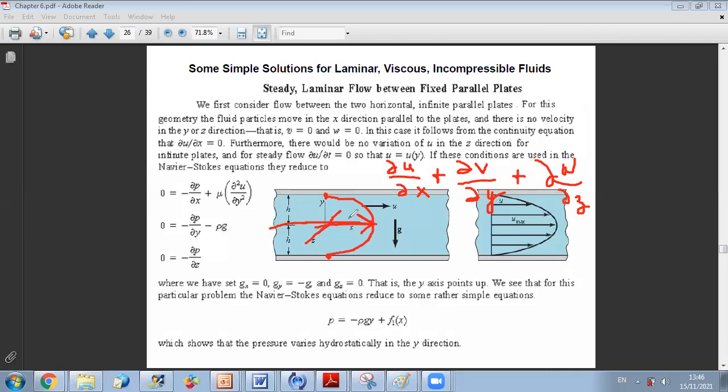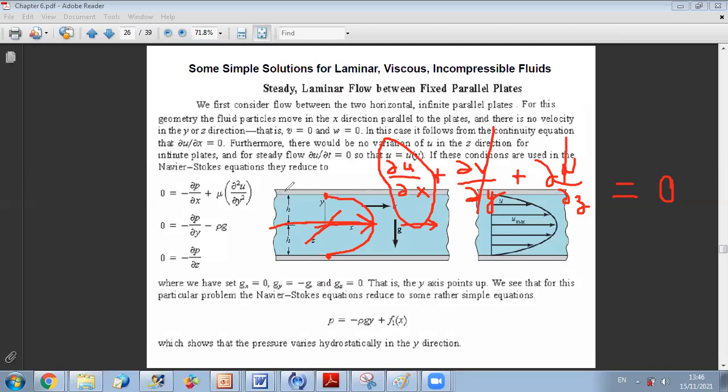Now, since our flow is known to be parallel to the plates, so it's along the x-axis, v and w are 0. So we can deduce from the continuity equation, and this was expected because we don't have any constraint along x, that del u by del x is then 0. This means that u is not varying with x.